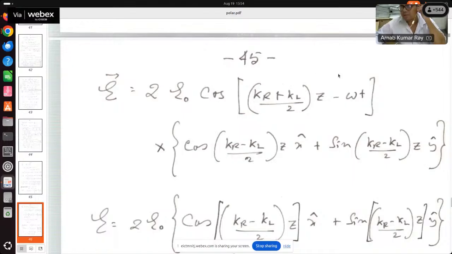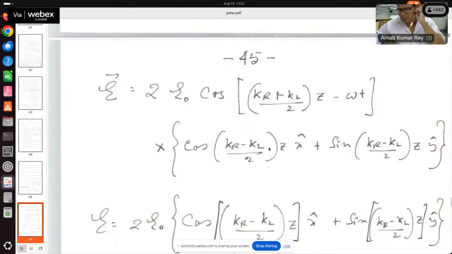So the phase part is a scalar part, and the amplitude part is a vector part which does not contain any time, but contains z as a variable. Let us see now what you will have. Just consider this one thing: suppose the material were not optically active. What will you get out of this material?